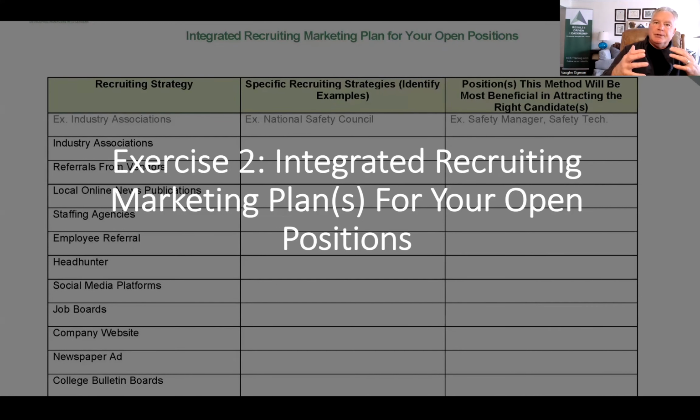Because at the end, we want you to have a drop dead perfect recruiting process that's going to up the quality of individual that you hire, so that you have to hire fewer individuals due to turnover. And the people you do hire are much more effective than the ones you've been hiring. So that's exercise number 2.